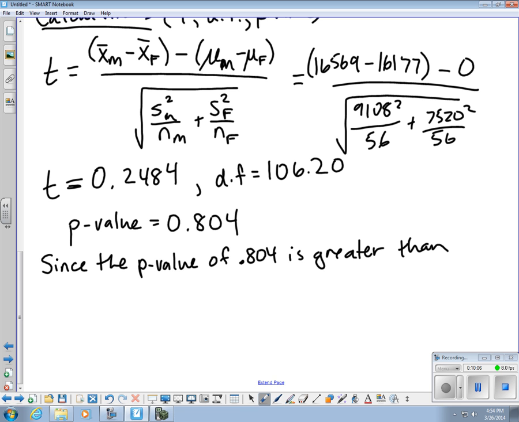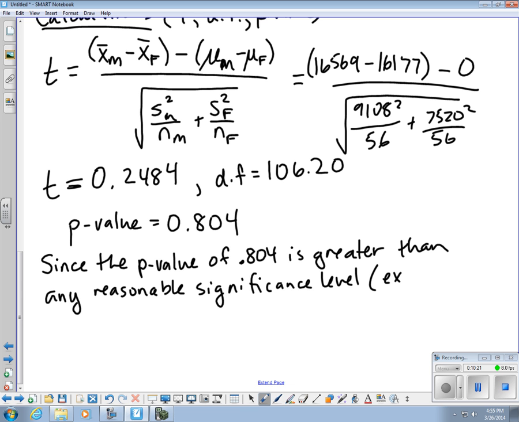So I'll just write greater than any reasonable p-value or alpha value, significance level. And I'll give an example. Alpha equals 0.1, kind of the most conservative, the closest comparison.